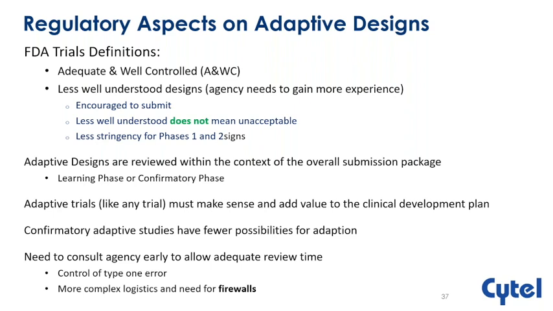The agency encourages discussion about the proposed adaptive designs prior to carrying them out. They obviously look for evidence of control of type 1 error.